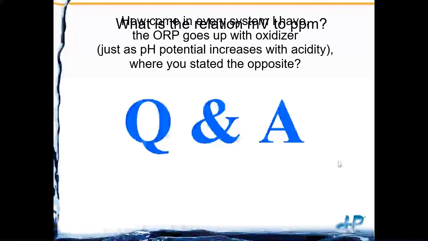So it's going to differ from what we're looking at, but there are value charts out there that we can get. Next question: how come in every stream I have, the ORP goes up with oxidizers, just as the pH potential increases with acidity, where you stated the opposite? I have looked at that multiple times, because every time I go over this, it sounds so backwards. It actually is that the oxidizing agent causes a reduction.